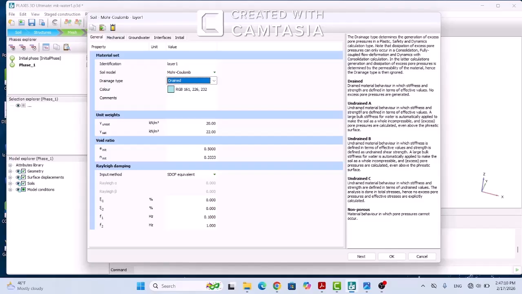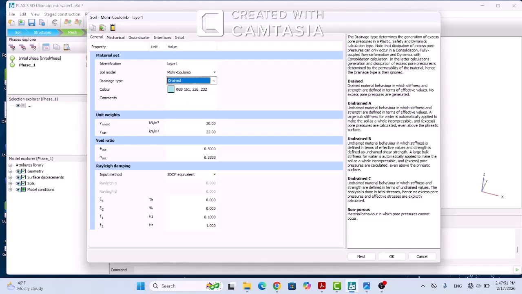For option A, the situation is undrained, but we use effective stress because during the calculation, excess pore water pressure is calculated, and based on that, effective stress will be calculated, and with effective stresses, deformation and strength will be calculated.